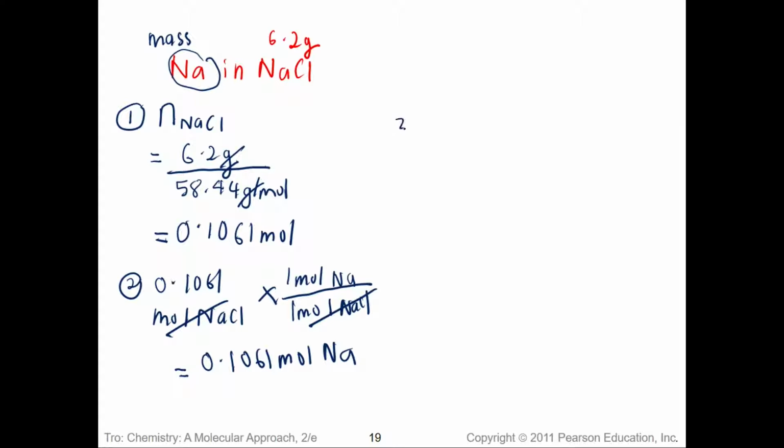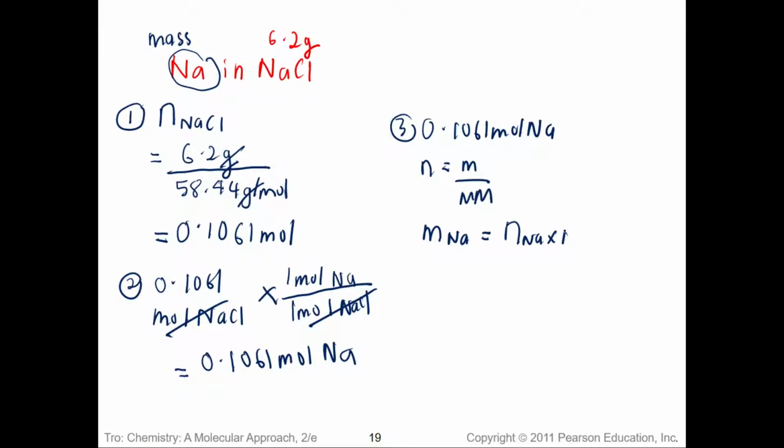So the third step you apply: 0.1061 mole Na. How can you find the mass? If mole is equal to mass over molar mass, then the mass of sodium is equal to the mole of sodium times molar mass.